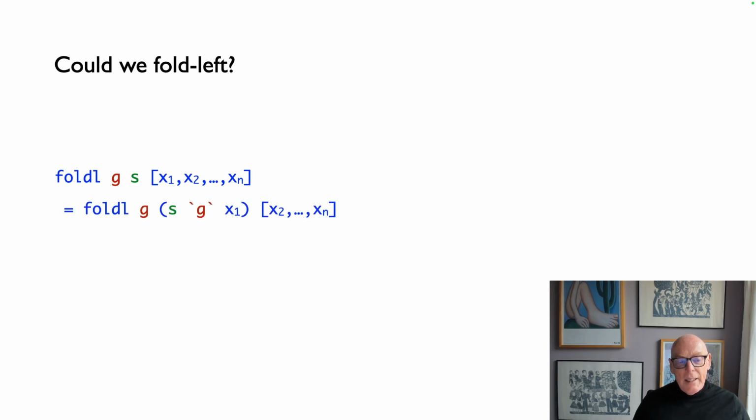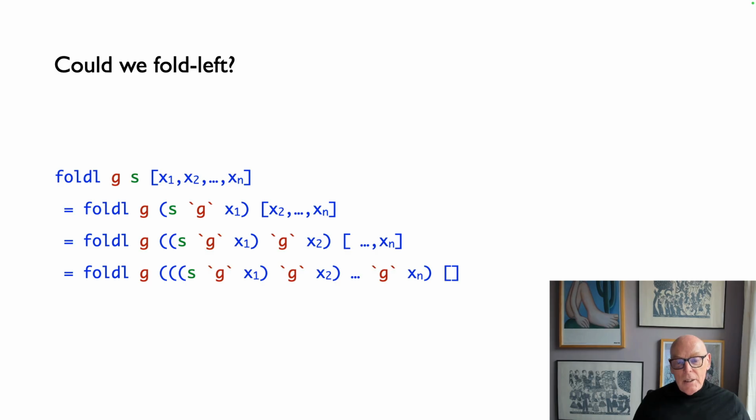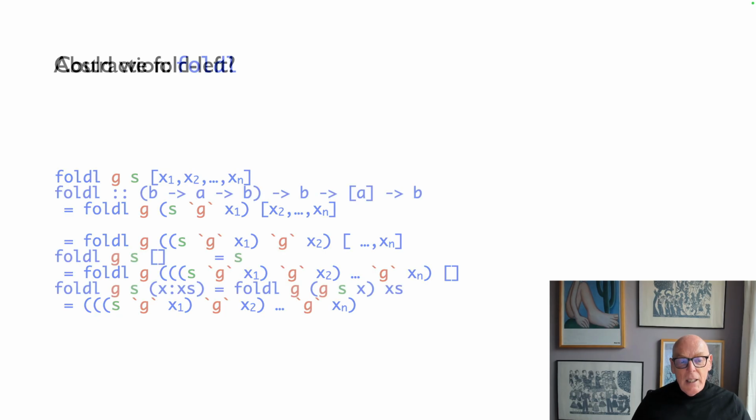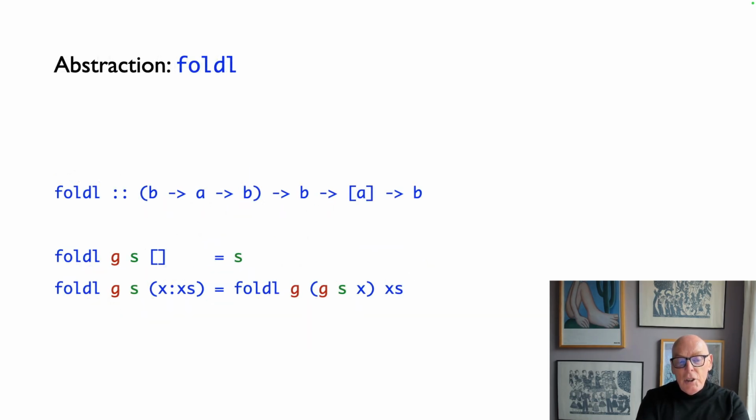So we would combine s using g with x1, and then we'd call foldl again. And we do that repeatedly, and we would get down to the empty list, and indeed then we would have folded g into the list from the left, with this starting value on the left as well.